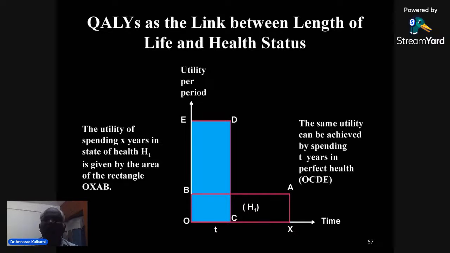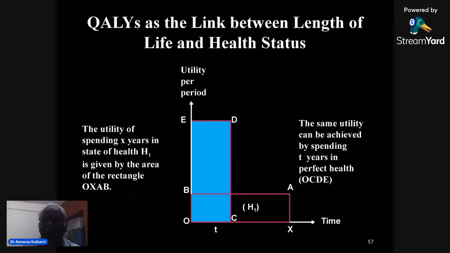Now, QALY is the link between length of life and health status. Say, for example, this axis is the number of years, and this is the utility per period. So X years in a state of H1 health, where the level of health is low, is given by the rectangle OXAB. This is giving you the state of health H1, and he lives for X years.